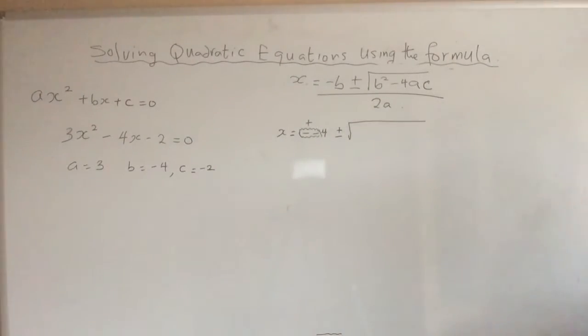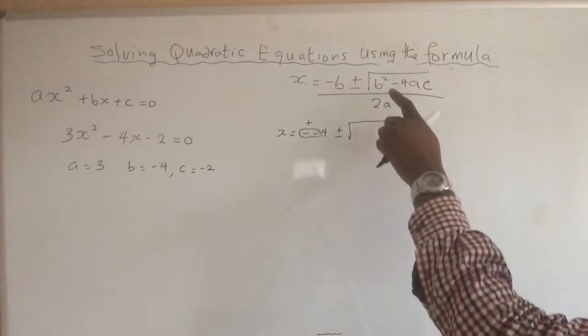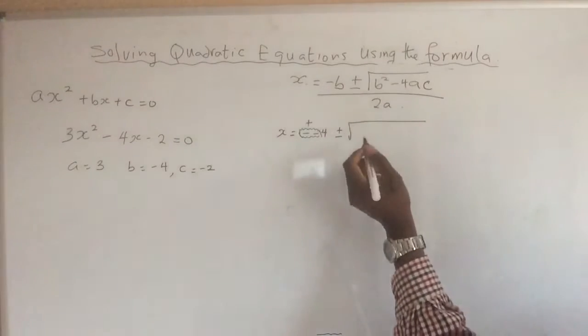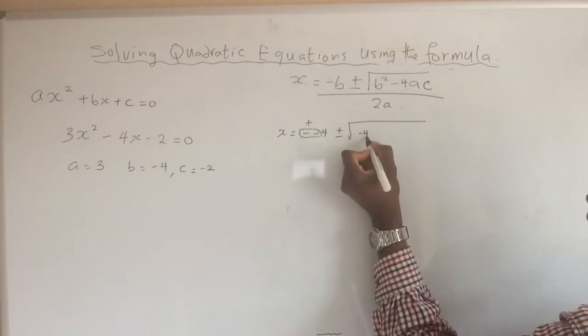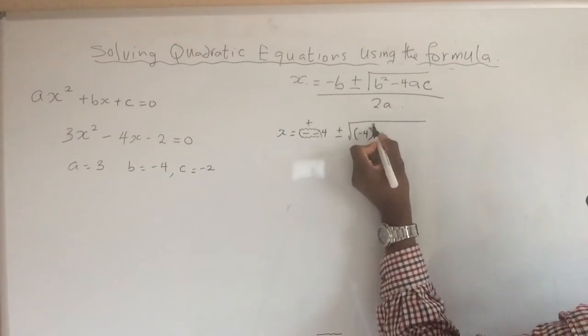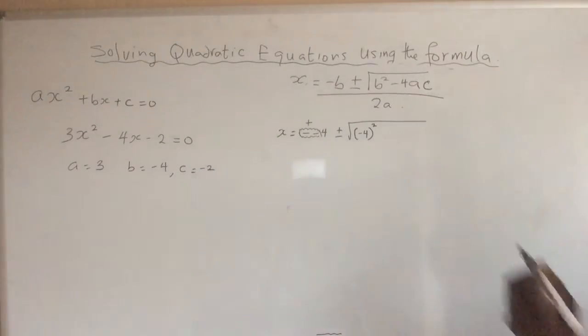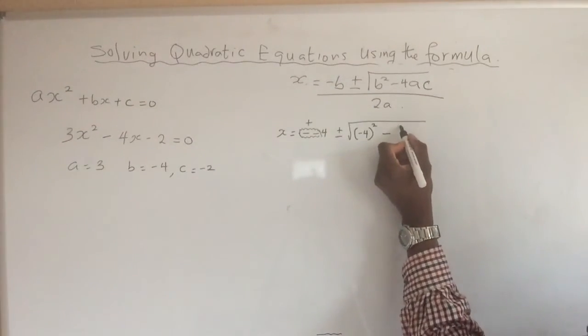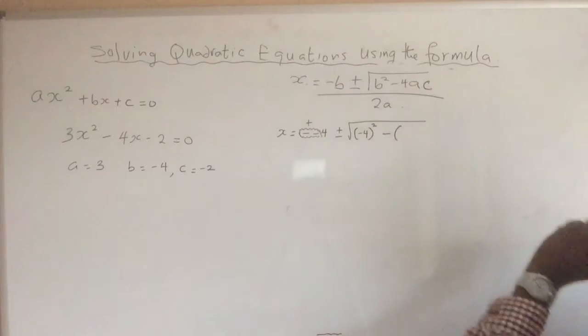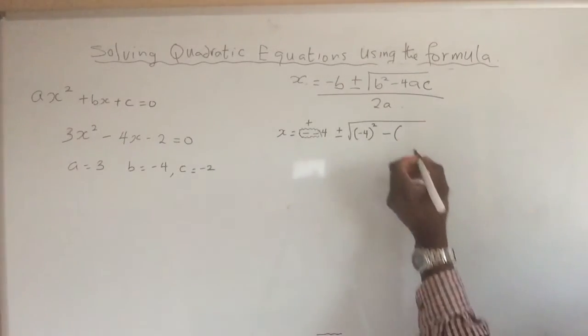At this point, I would like you to start using brackets. Yes, it says b squared. What's the value of b? It is minus 4. I'm going to square it. Then minus, open another bracket for the term 4ac before doing your multiplication.